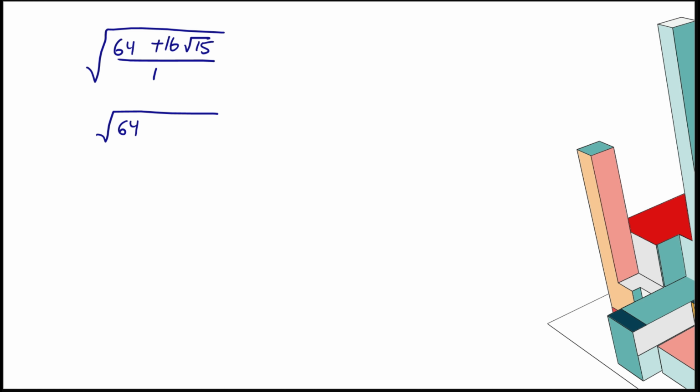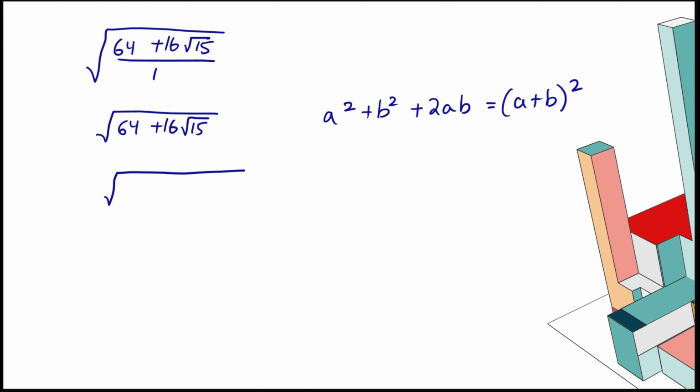So we can rewrite it as square root of 64 plus 16 square root of 15 over 1, which means square root of 64 plus 16 square root of 15. Now if you look at it, we will use this identity: a square plus b square plus 2ab is equal to a plus b whole square. So we'll use that expansion here.